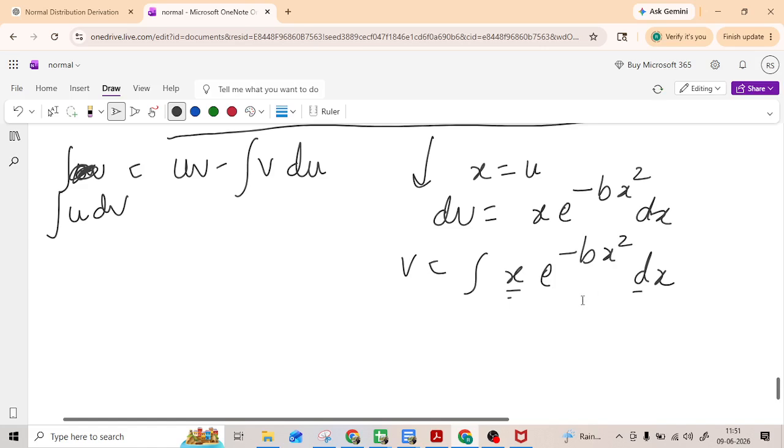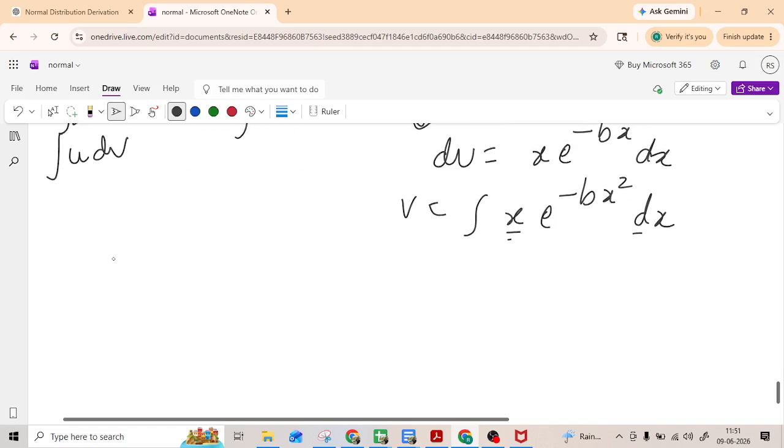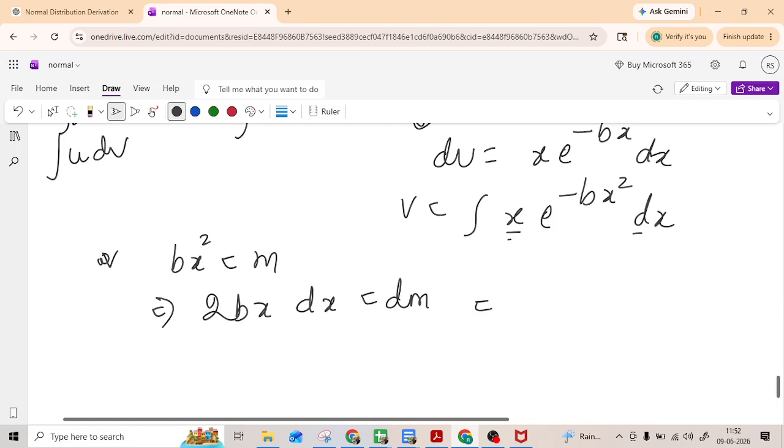That is the beauty of it. So I'll explain what I'm trying to say. So v was the integration of this. bx square is nothing but m, as I was saying, which would mean that 2bx dx is equal to dm, which would mean x dx is nothing but dm by 2b, correct?